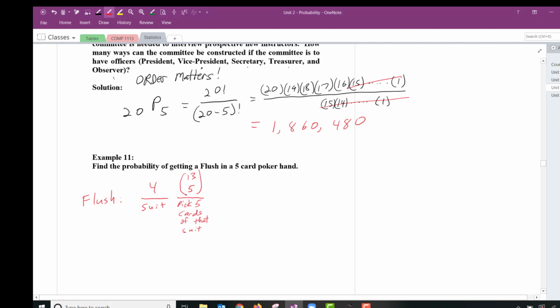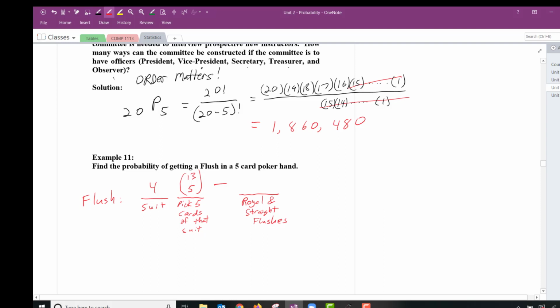This is another notation for combinations. But the problem with this strategy is I've included the straight flushes and the royal flushes, so I better subtract those out. Let's figure those out.